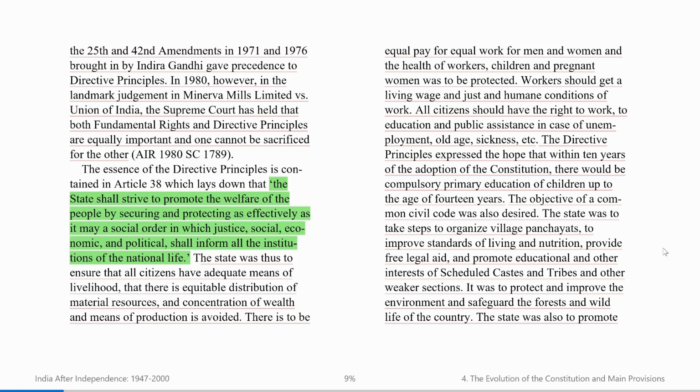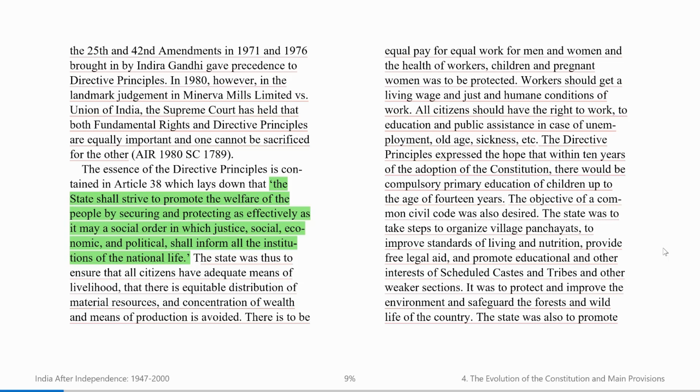Obviously the idea was also to organize the panchayats, Article 40 of the Constitution, and this was basically given form in the 73rd and 74th Amendment. The idea being to improve living standards and nutrition, and we have so many schemes for that, to provide free legal aid, an amendment in Article 39A, to promote the educational and economic interests of scheduled tribes, scheduled castes, and other weaker sections, and we have so many scholarships for them because of that.